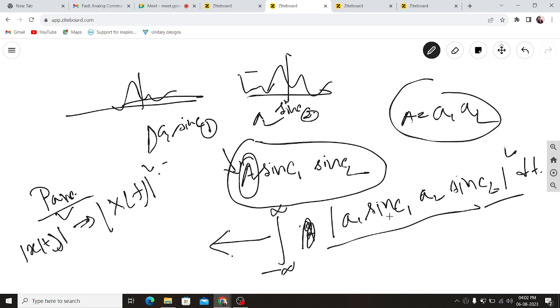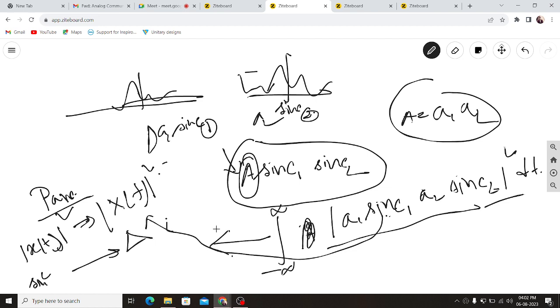So we can convert this time domain signal into its Fourier representation. If we have a sinc pulse and sinc pulse multiplication, we know it will be a convolution in the frequency domain, so a triangular wave function will come. From sinc square it comes a triangular wave function.